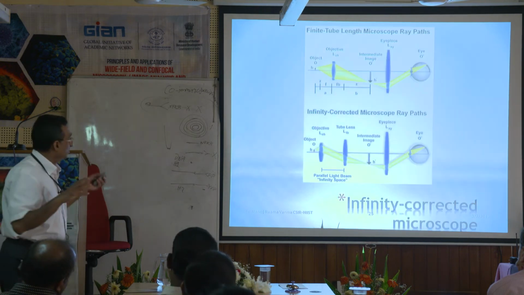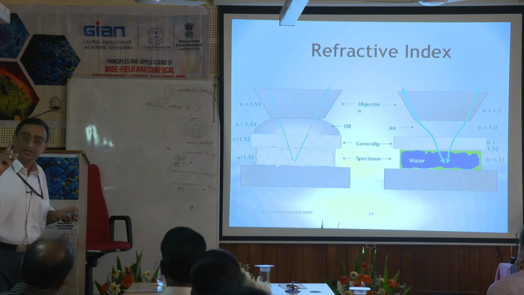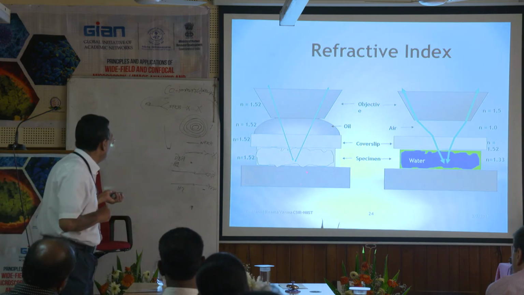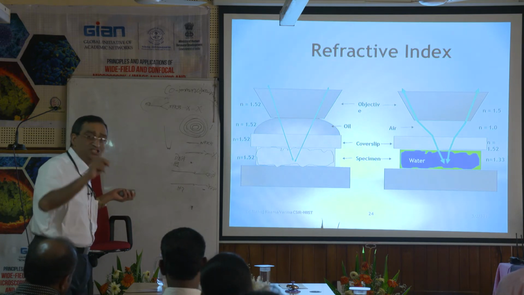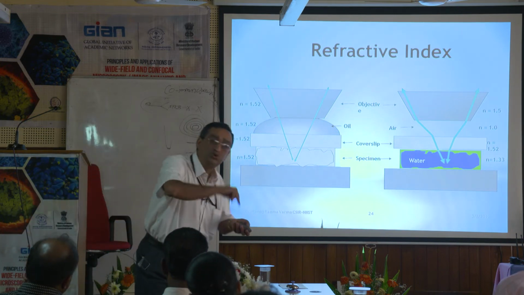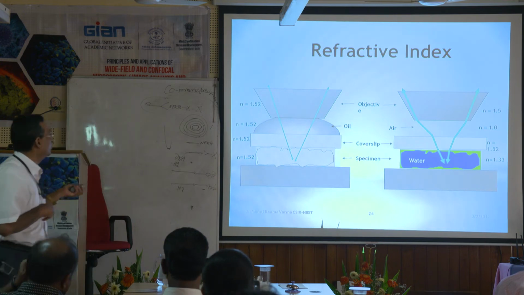And can you have better resolution? The best possible resolution is possible when the space from your object to your objective has the same refractive index. That is why you use oil immersion, what are known as oil microscopes.